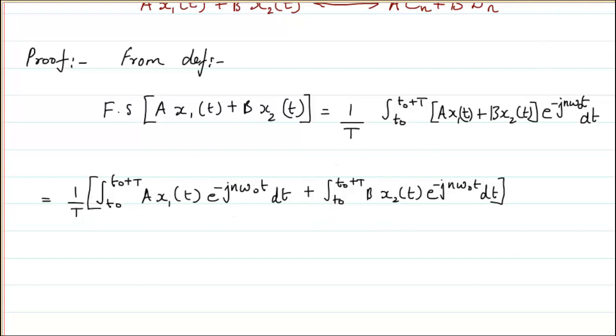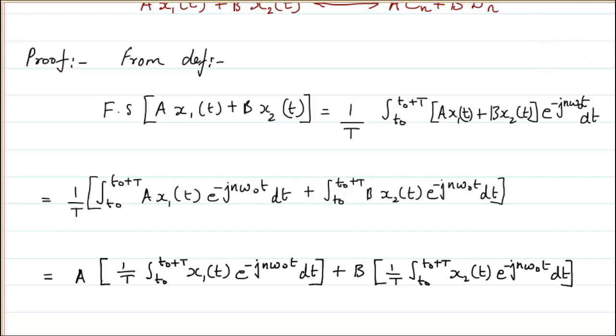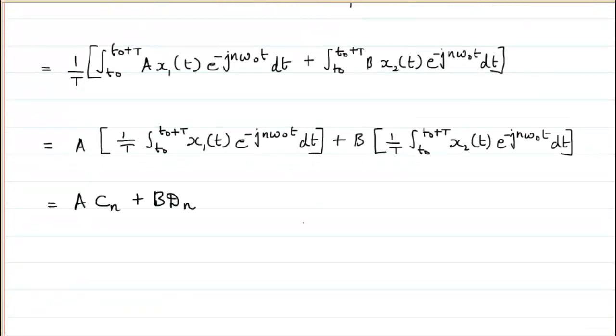So I have taken a outside, and 1 by T I have put common for both of them. Now what is this? This is basically C of n, and this is basically D of n. So I can write a C of n plus b D of n, hence proved.